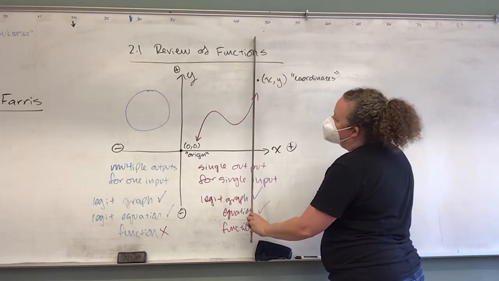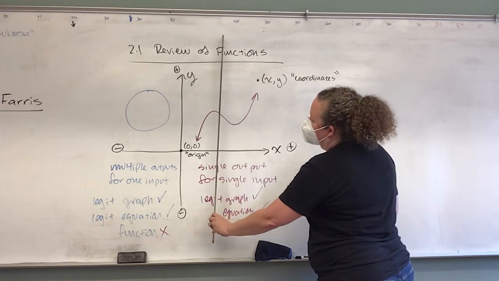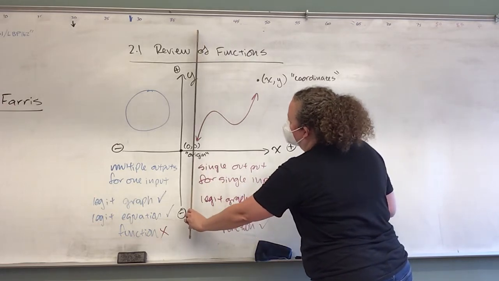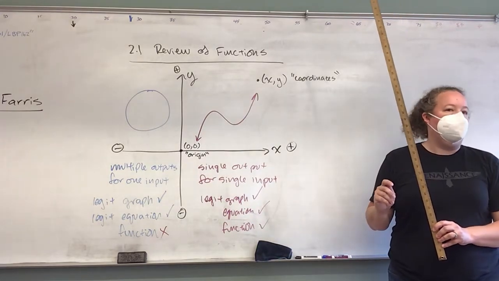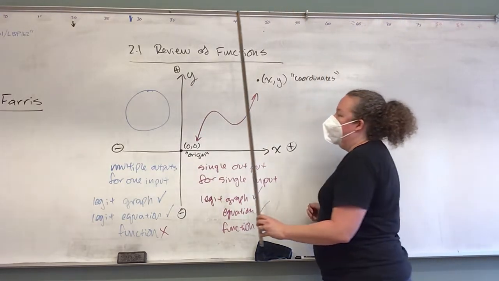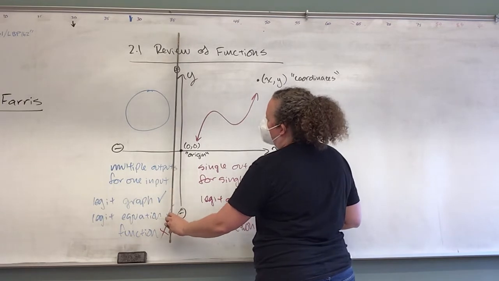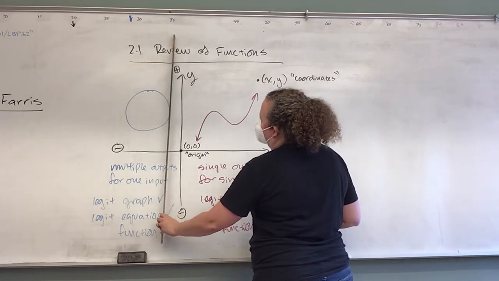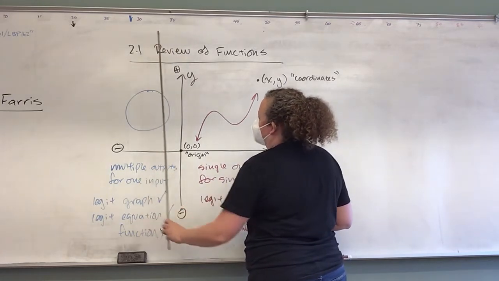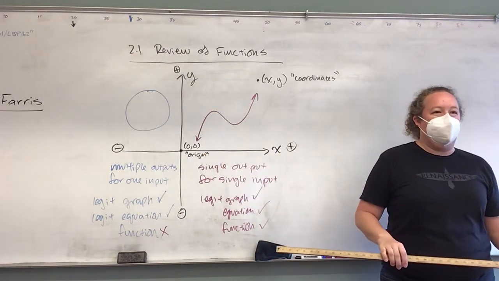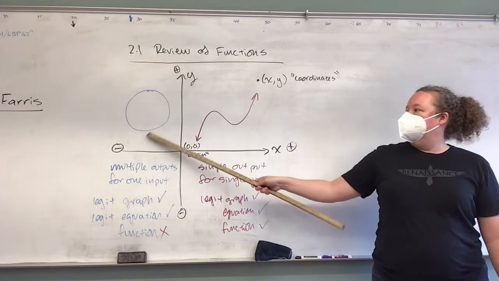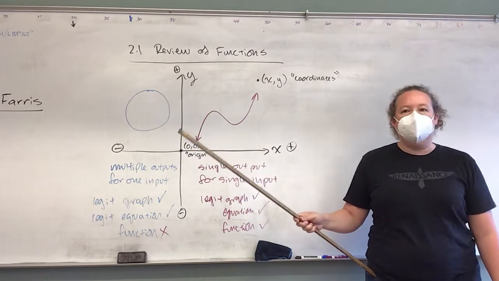And here with Maroony, our vertical line, our ruler, is never touching the graph in more than one location. So it passes, it's a function. But here when we try to do this with our bluey circle, almost immediately it's failing the vertical line test. The alarms are going off, the lights are flashing. This is not a function.